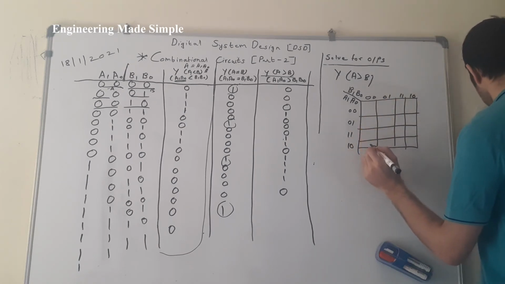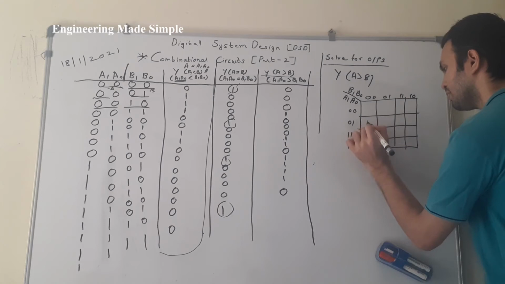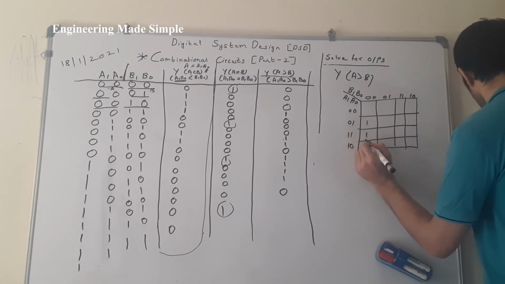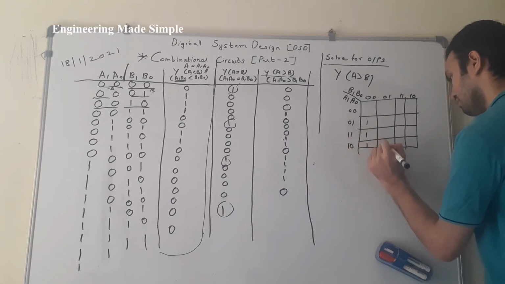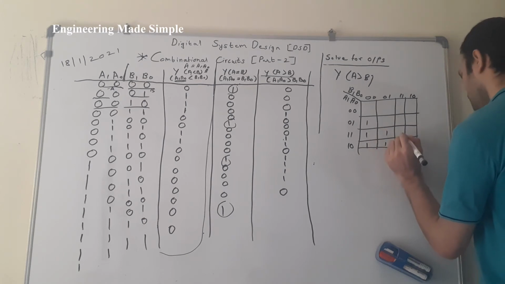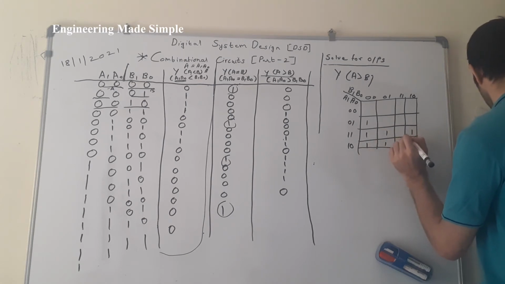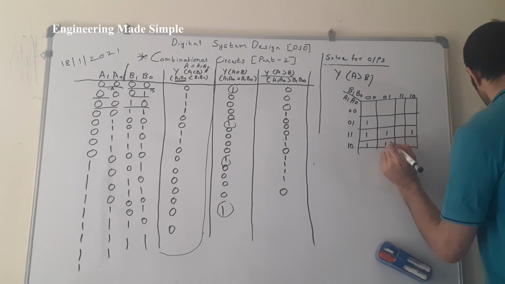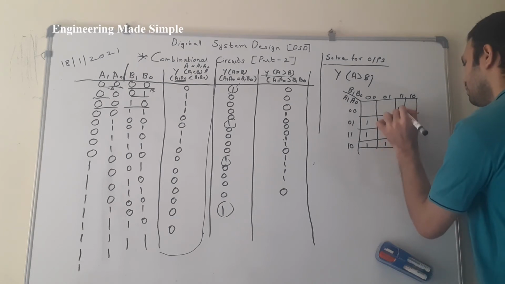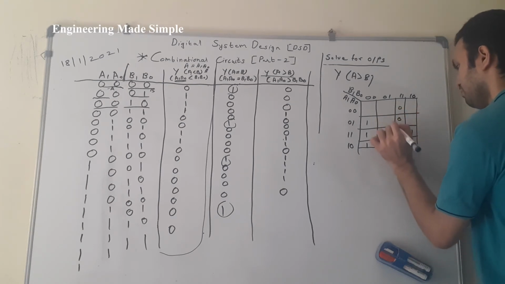Now let us start filling this particular one. Let us fill the min terms first: 1 1 1 1 1. The rest of the terms will be filled with 0.